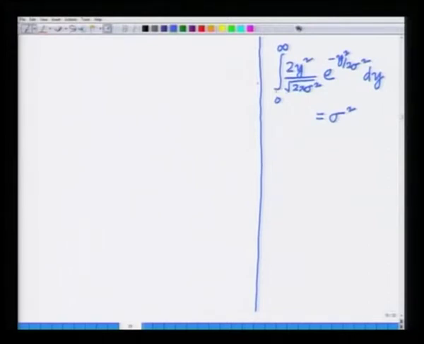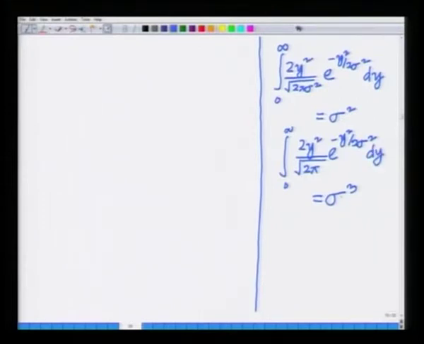If I now multiply both sides by sigma, I get the integral from 0 to infinity of 2y square by square root of 2 pi, because of multiplication by sigma, the square root of sigma square, which is sigma, cancels, and we get e power minus y square by 2 sigma square, equals sigma cube on the right hand side. So, this integral of 2y square over square root of 2 pi, e power minus y square by 2 sigma square dy, is sigma cube.